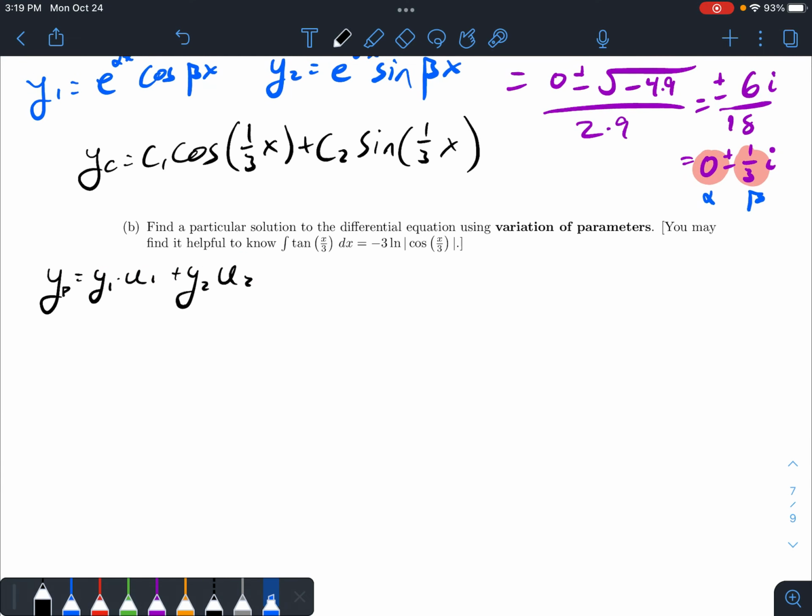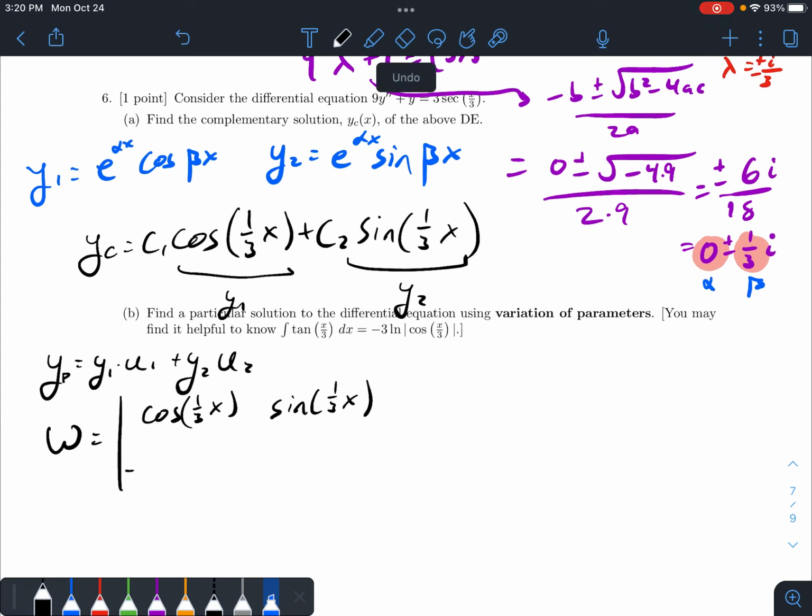So we need to figure out what our Wronskian is and then what our W1 and W2 are. Our y1 is cosine of 1/3 x, and our y2 is sine of 1/3 x. Now we take our derivatives. Derivative of cosine is negative sine times 1/3.